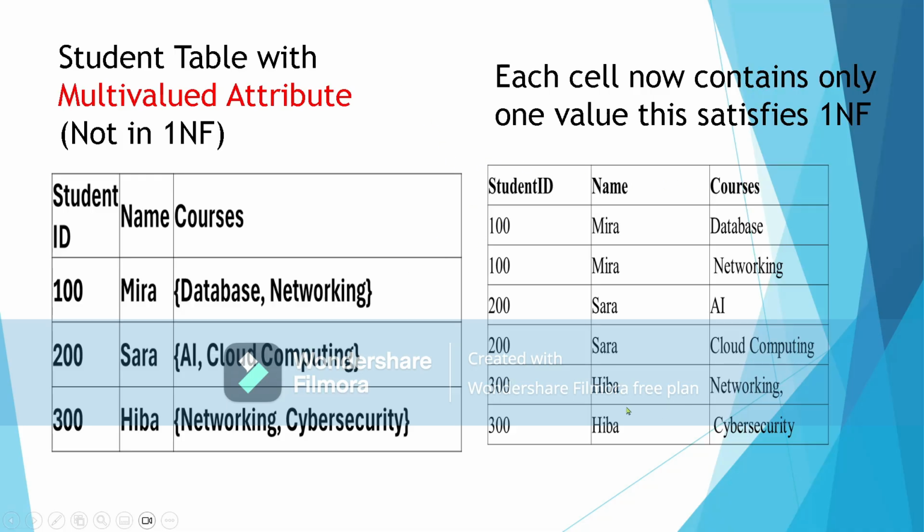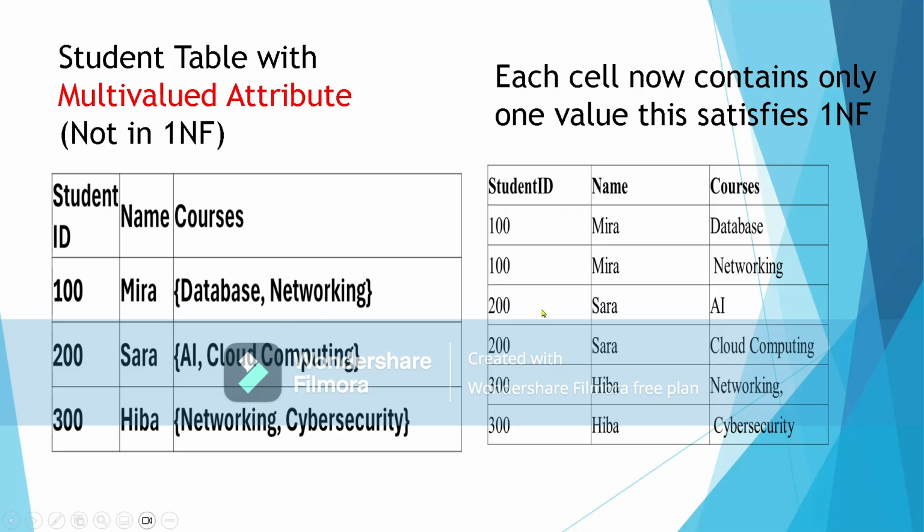To remove this multi-valued attribute, the table will be given as student ID, name of the student, and the first value of that attribute, that is database. Again, for the second value also, write down the student ID, name of the student, and course of the student, the networking.